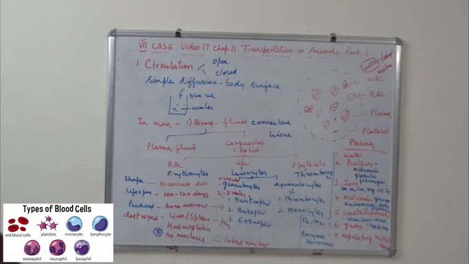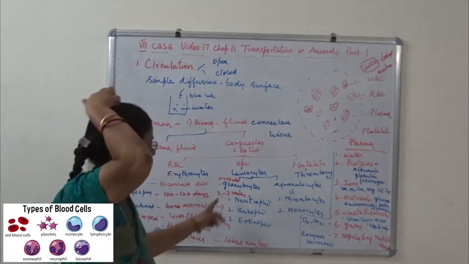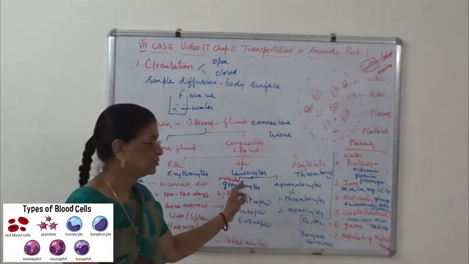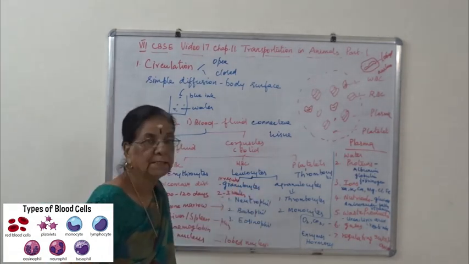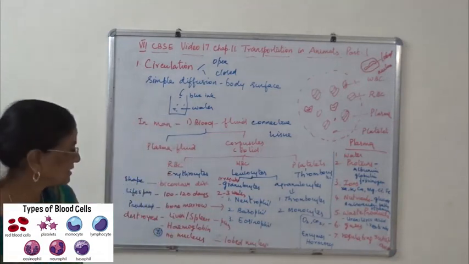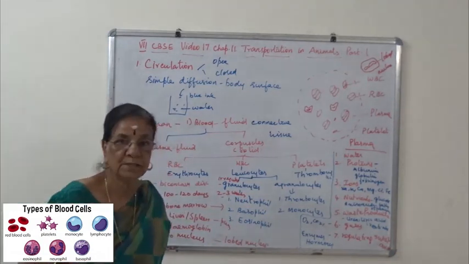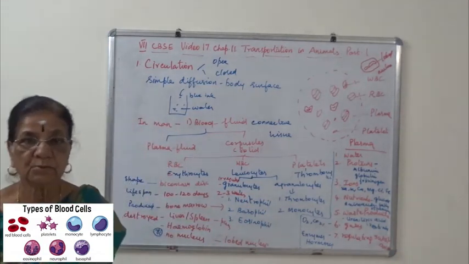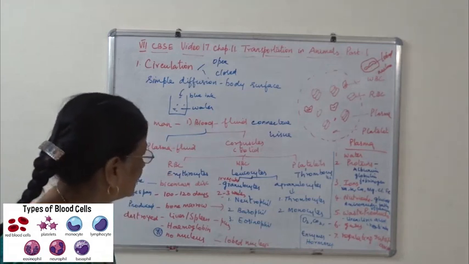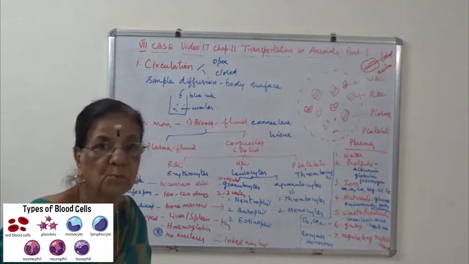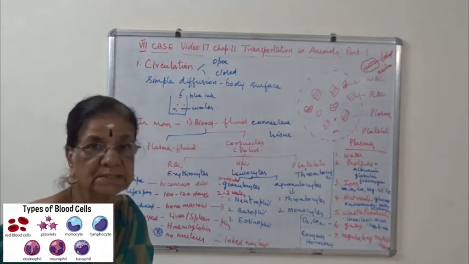Whereas WBC has two types, granulocytes and agranulocytes. Granulocytes are neutrophil, basophil and eosinophil, and agranulocytes are lymphocytes and monocytes.